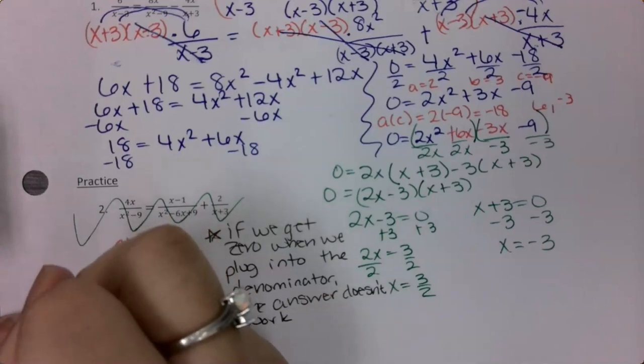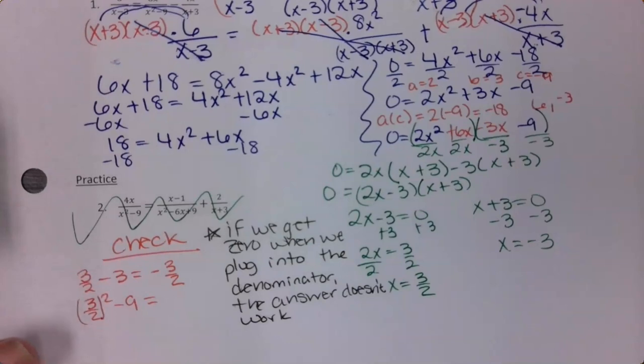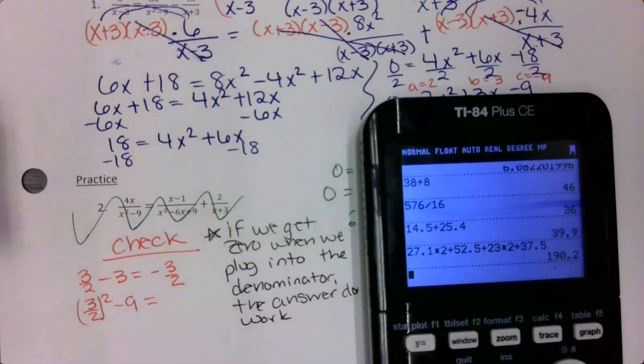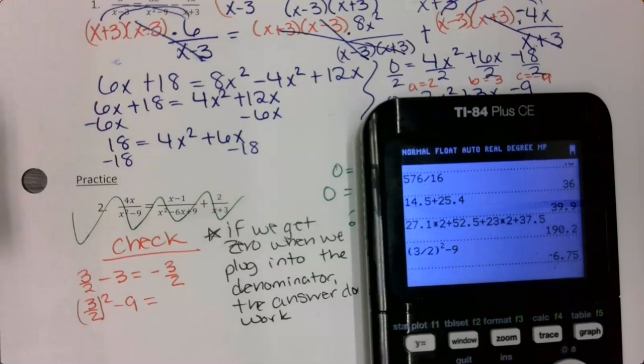I have 3 halves squared minus 9, which gets me negative 6.75.